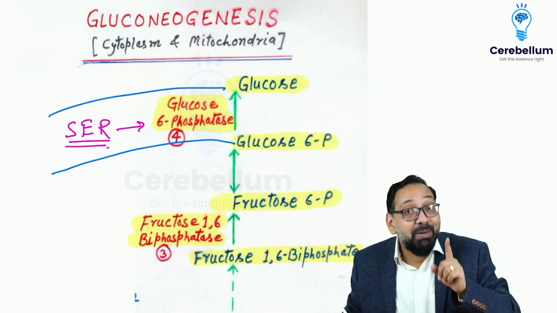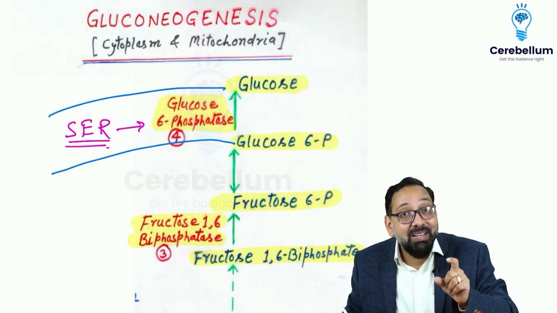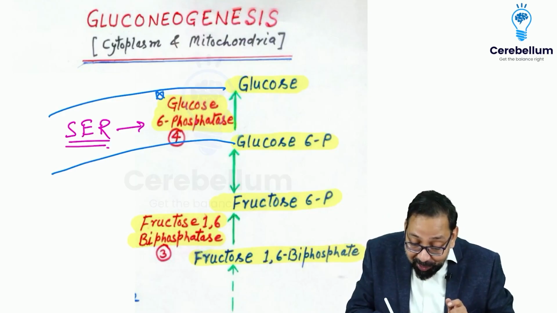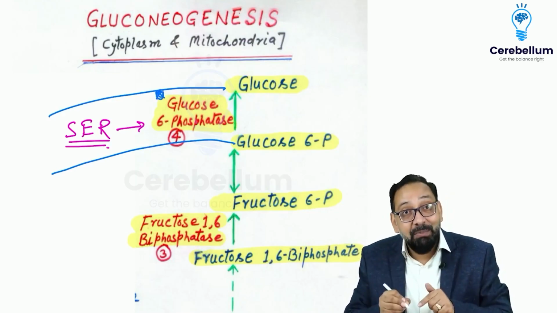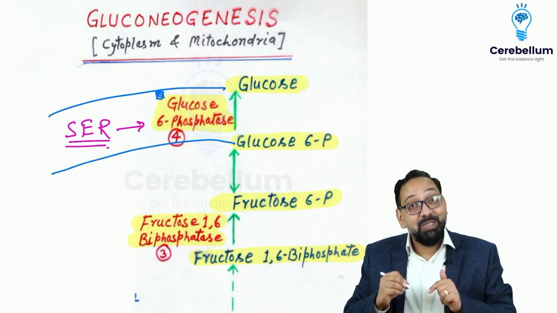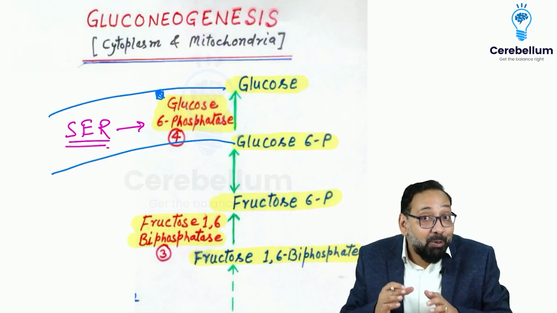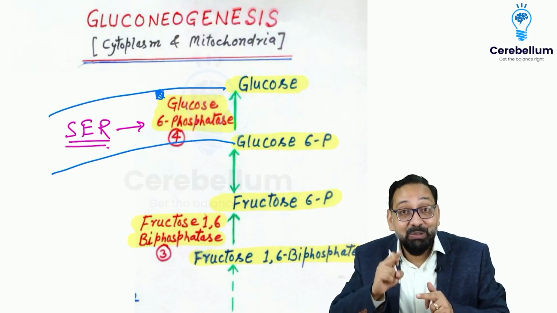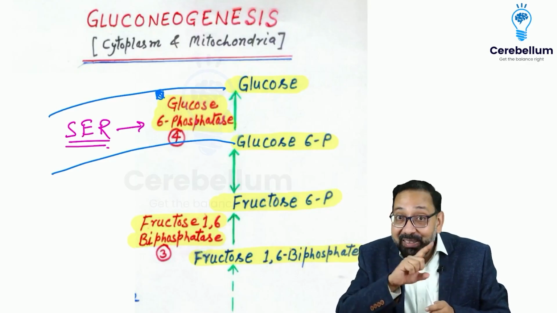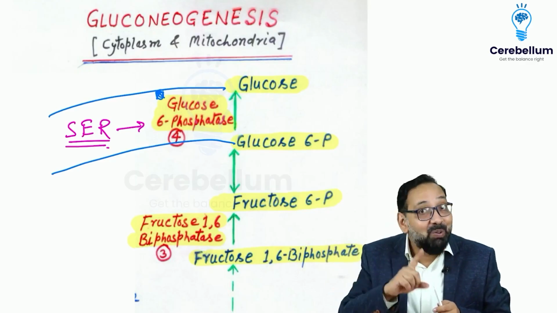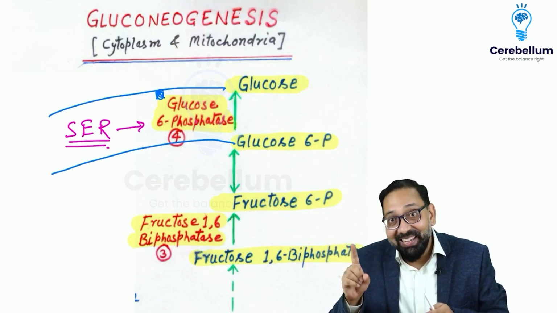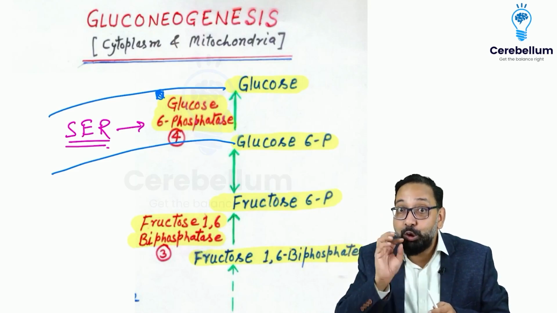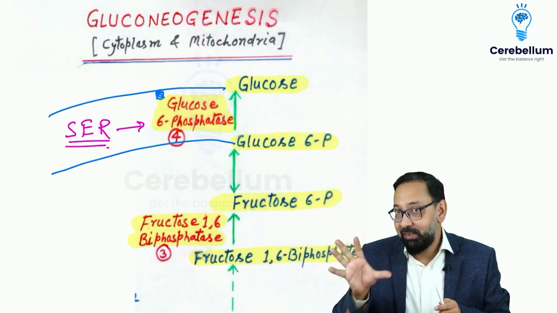We know this enzyme is deficient in von Gierke's disease. That's why in von Gierke's disease there is neither gluconeogenesis nor glycogenolysis, and severe fasting hypoglycemia is present.